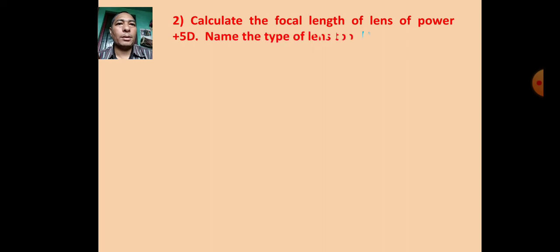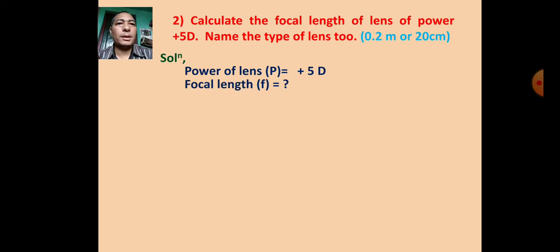2. Calculate the focal length of lens of power plus 5 diopter. Name the type of lens. Solution. Power of lens P equals plus 5 diopter. Focal length f equals what?